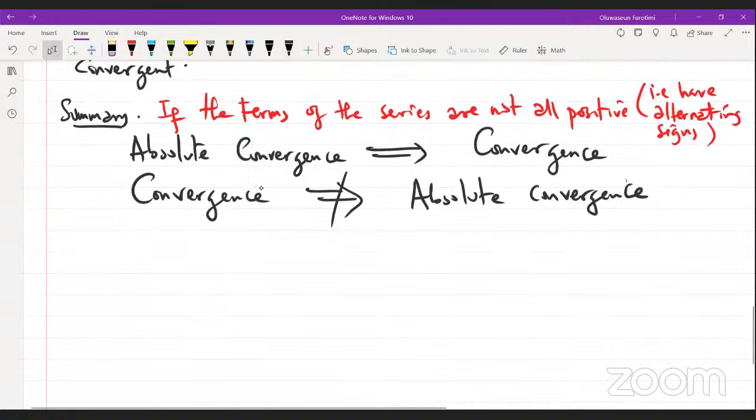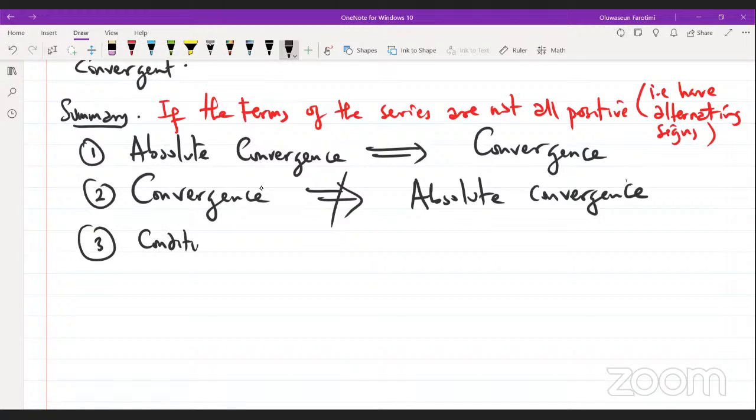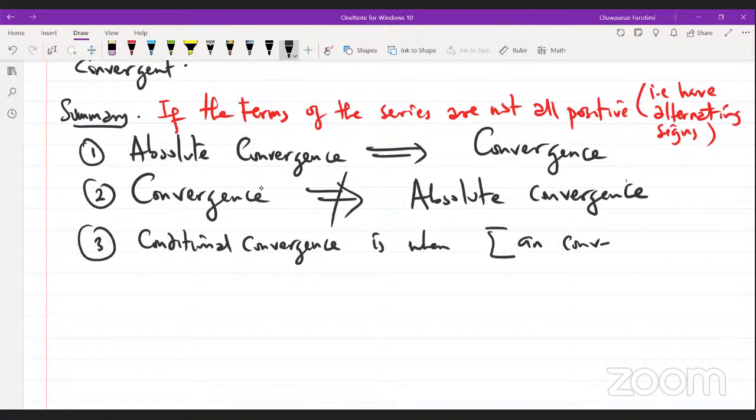Okay, so in summary, what is conditional convergence? Let me call this 1, let me call this 2, let's call this 3. Conditional convergence is when this guy converges and this guy does not converge.